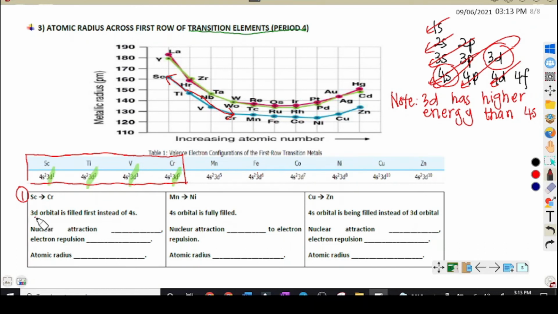So we have to explain that when 3d orbital is filled instead of 4s, 3d has higher energy, so the nuclear attraction will become stronger, together with the electron repulsion becoming stronger as well. Remember, when attraction is stronger, that means your atomic radius will decrease or shrink.